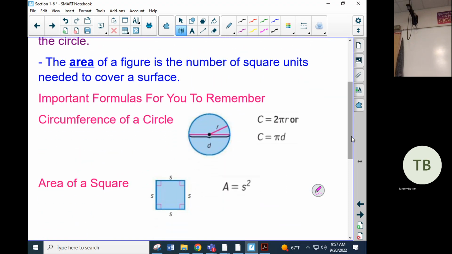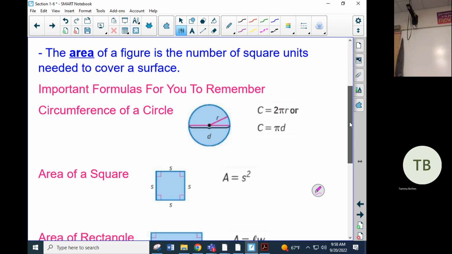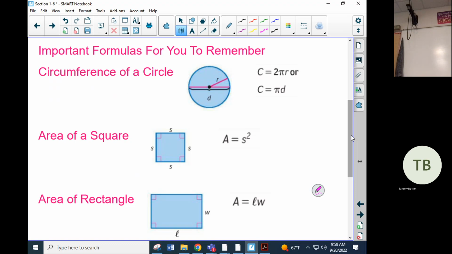Area is how much surface area you need to cover. So if we were doing the area of this room, that would be the flat part, like if we were to carpet it.